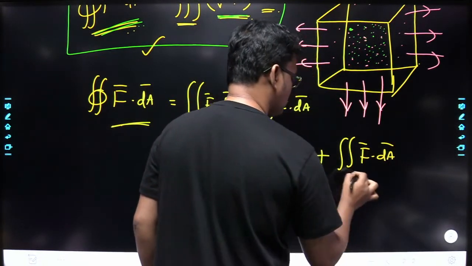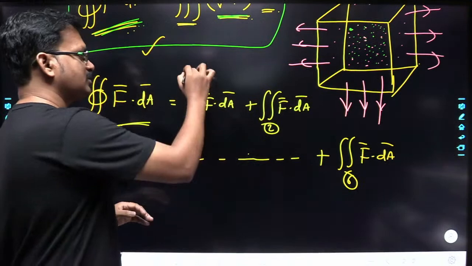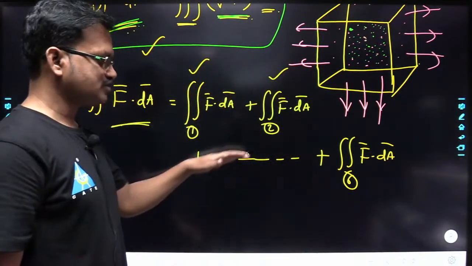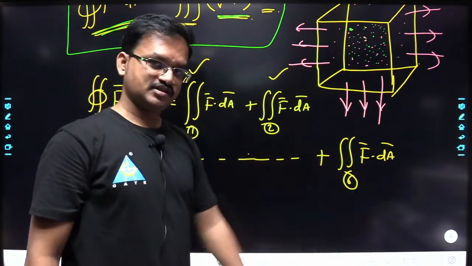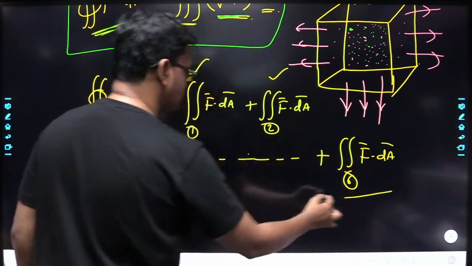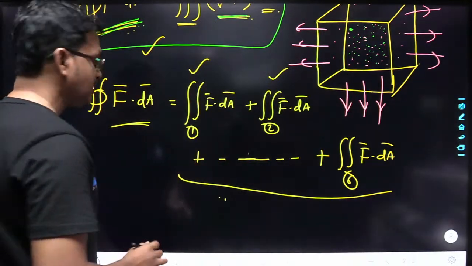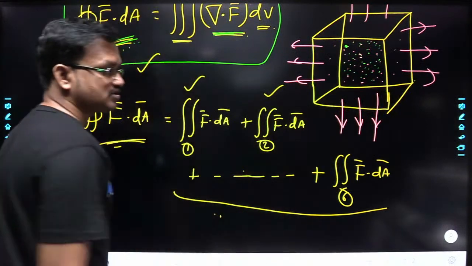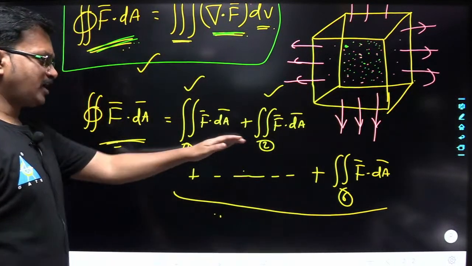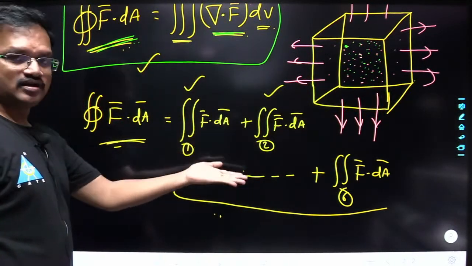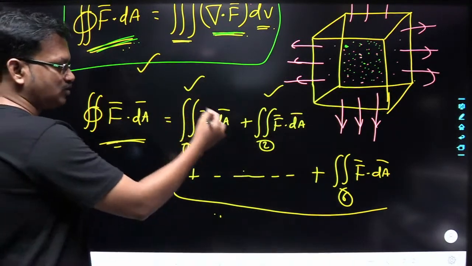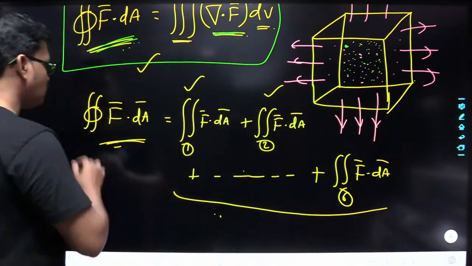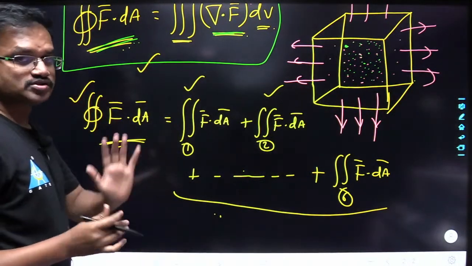If you add up all this, you are going to get the flux that is leaving this closed surface. That means how many times do you have to perform this integration? 6 times or not? 1, 2, 3, 4, 5, 6. Yes or no? 6 times you have to perform it in order to calculate the flux through the closed surface.